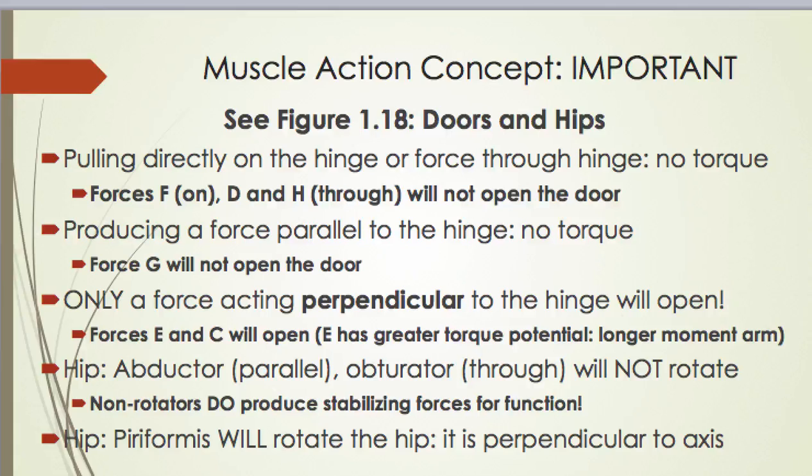The obturator externus on the left produces a force that goes directly through the axis of rotation of the hip, and therefore it will not create a rotation of the hip either. Only the piriformis, which is the red arrow going back to the sacrum, only the piriformis will rotate the hip because it is, as I want you to remember, perpendicular to the axis of rotation. That is how we create muscular torque. Very important concept.